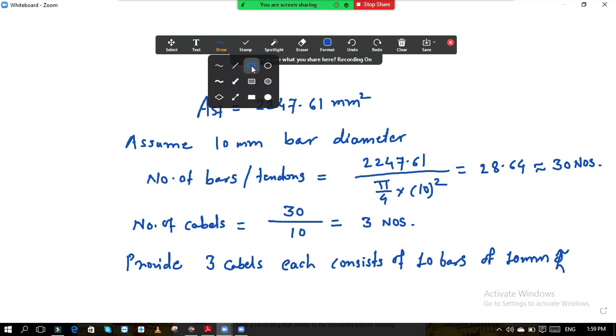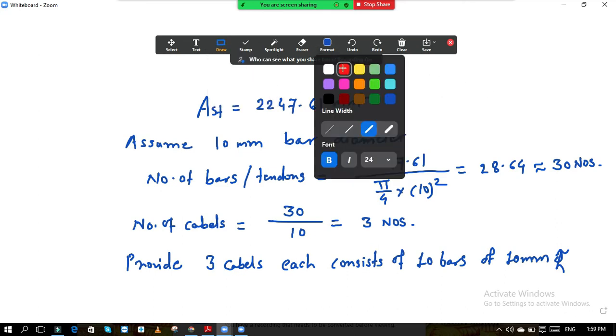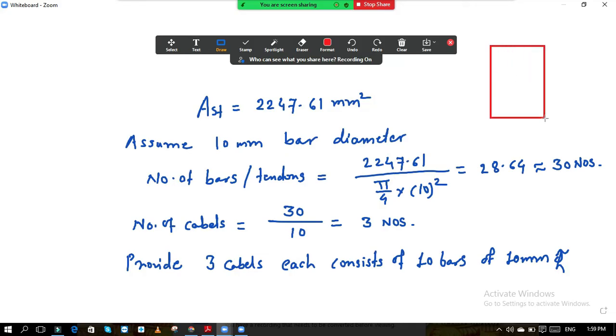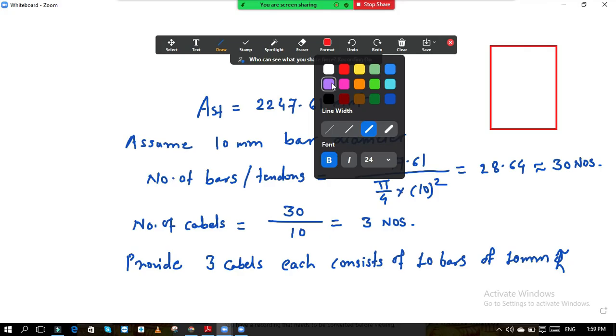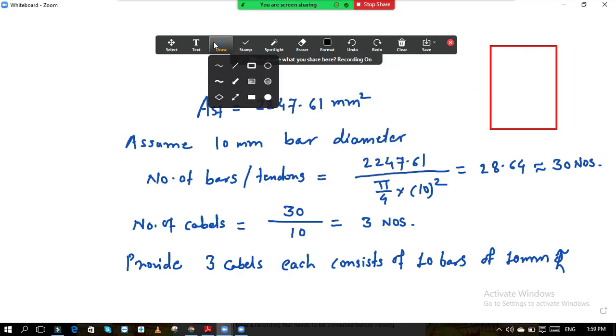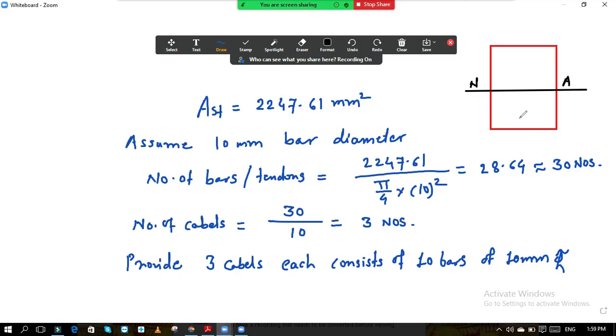So if I show you in the diagram what this is exactly, suppose now this is your beam and this is the neutral axis. Below the neutral axis steel is provided normally.